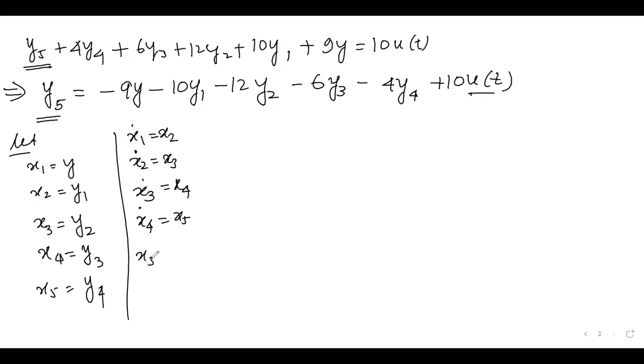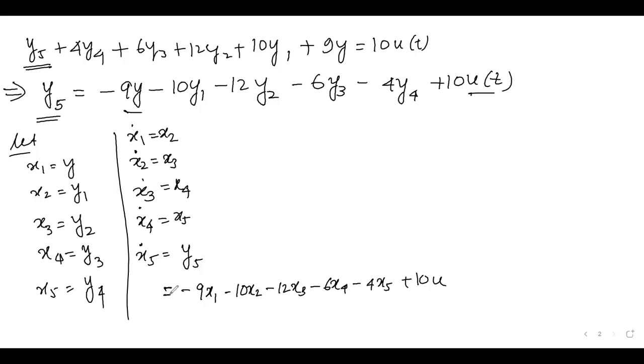And x5 dot is equal to y5, that is minus 9x1 minus 10x2 minus 12x3 minus 6x4 minus 4x5 plus 10u. All right, this is x5 dot.